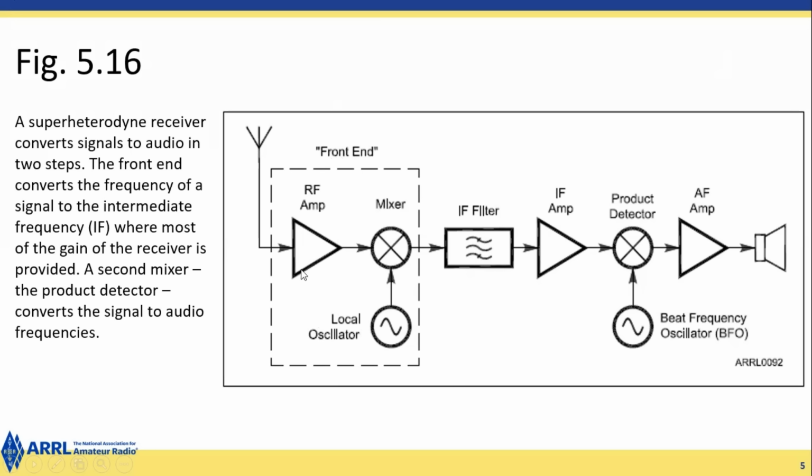So you come in on the front end, IF filter, and another IF amplifier, product detector, audio comes out here, and an audio amp stage. So you've got two oscillators, the local oscillator and a BFO. So it's a two-stage conversion superheterodyne.